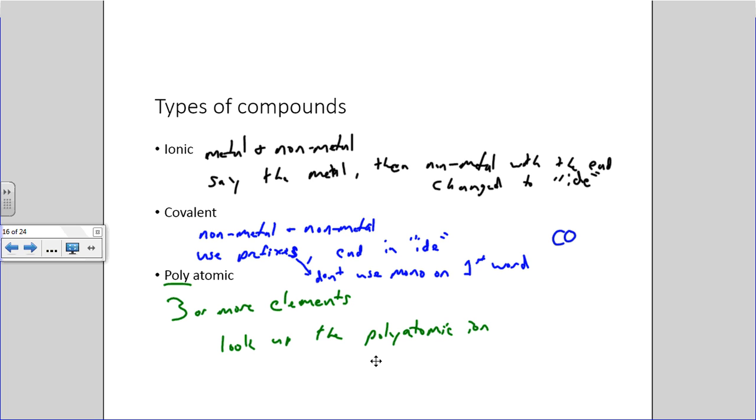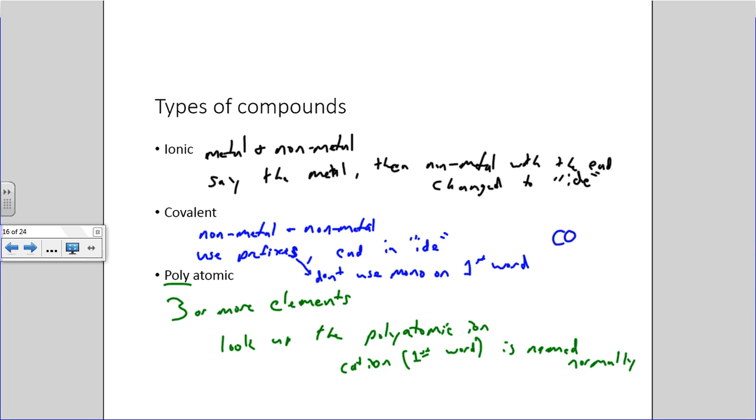And the cation, which is the first word, is named normally. What that means is you don't change how you say it.